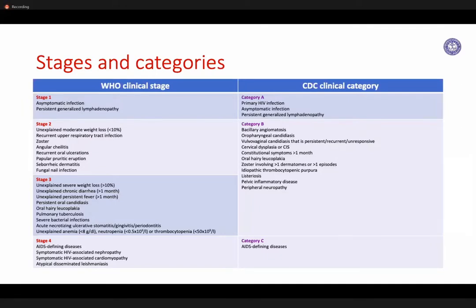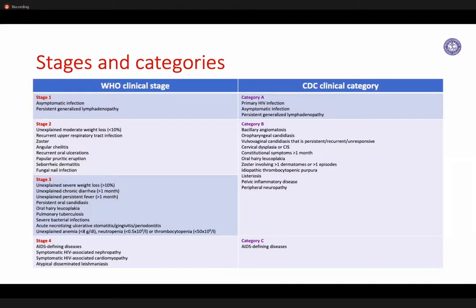Conditions like cryptococcal meningitis are a good example, which is very uncommon in HIV-negative persons. It's an AIDS-defining illness. Then symptomatic HIV-associated nephropathy, which is a very specific condition for HIV, and symptomatic HIV-associated cardiomyopathy, again very specific, and atypical disseminated leishmaniasis, which is not specific for HIV, but again, it raises the possibility a lot, especially in countries where both conditions are common, like in India.